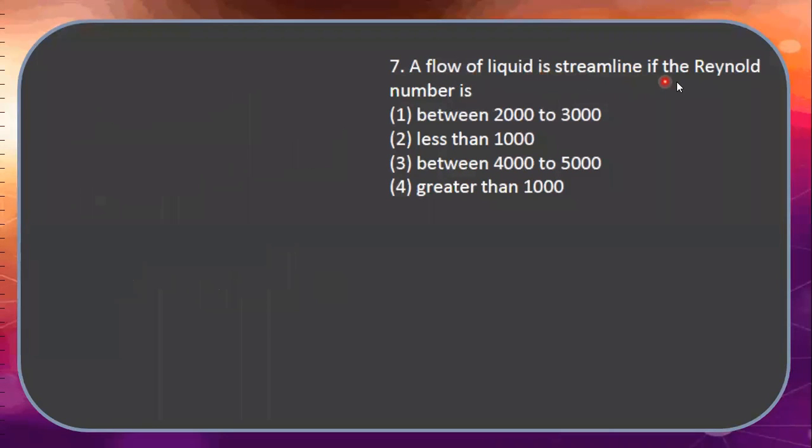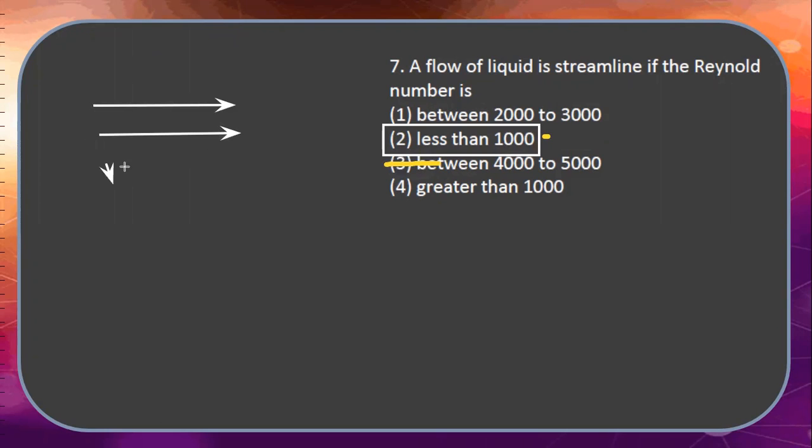So the flow of fluid is streamlined if the Reynolds number is less than 1000. Streamline flow means steady flow, without any deviation, the liquid flows in a straight line.